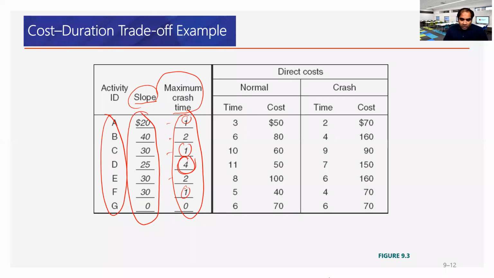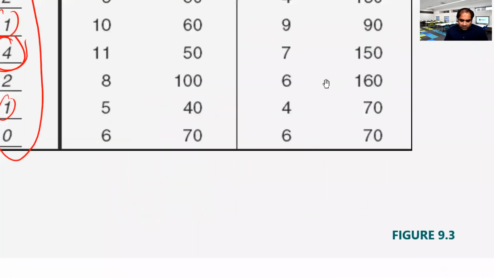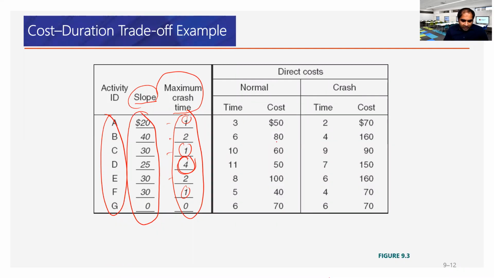If you look at the direct cost here, normal time is 3 days with a 1 day crash time. That means it can be reduced by 1 day. If you reduce from 3 to 2 days, an additional $20 should be added.